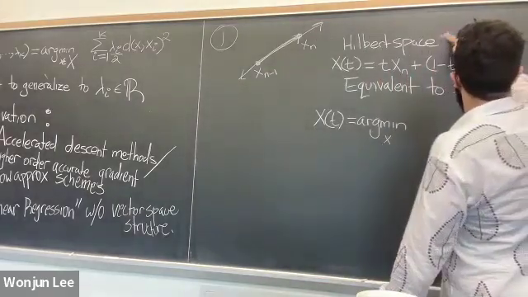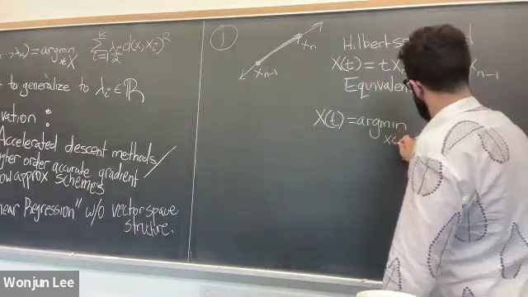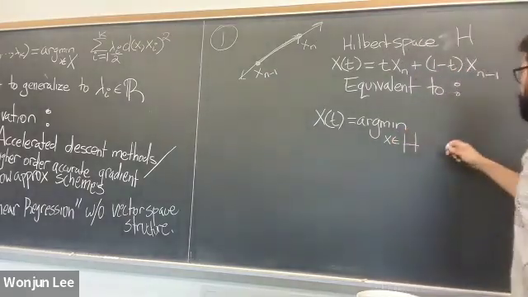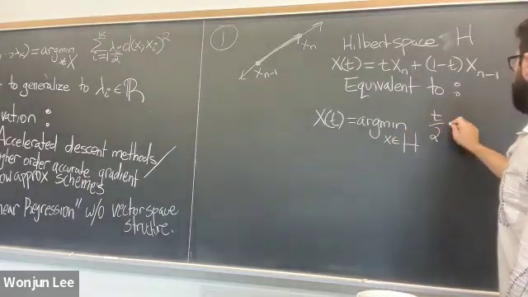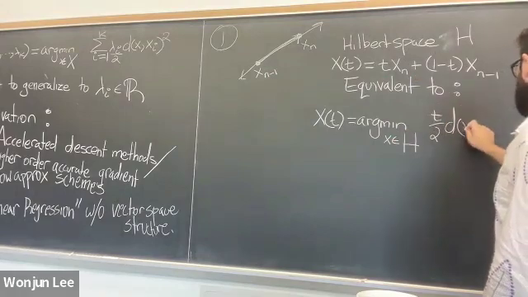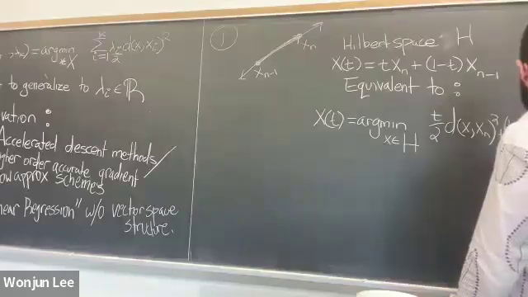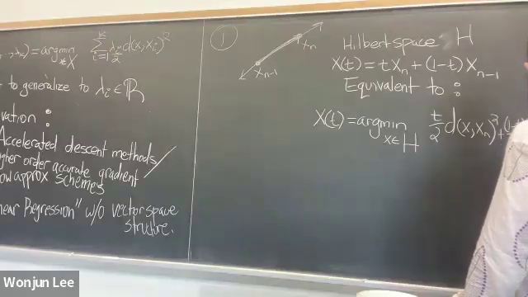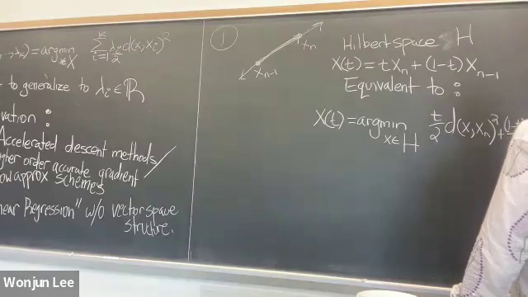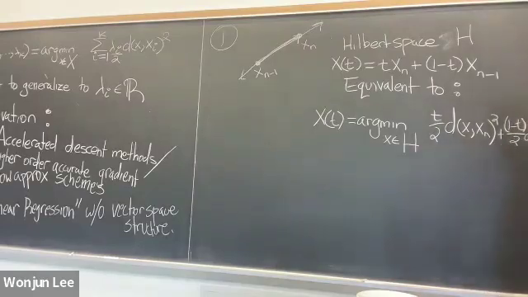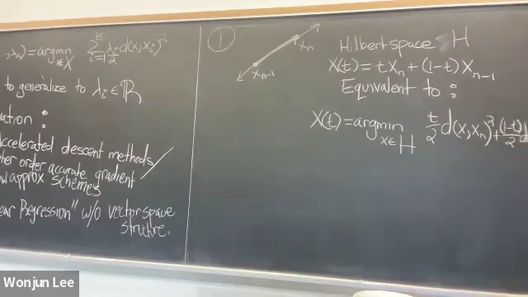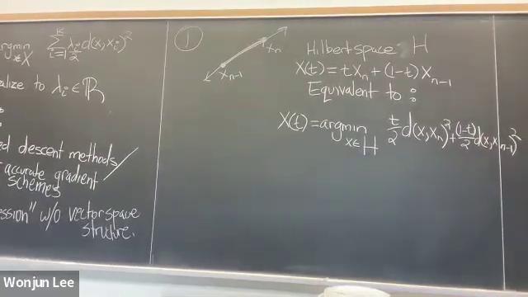Maybe now I'll call this a Hilbert space H. So this is equivalent, right, to doing this. And now this makes sense on a metric space, and I can choose this as my sort of generalized notion of what it should mean to keep extrapolating along this curve.